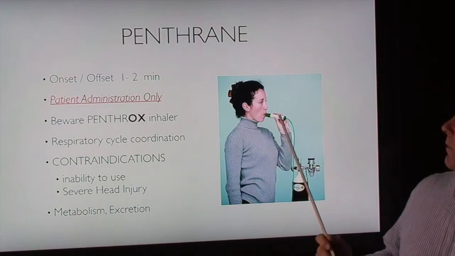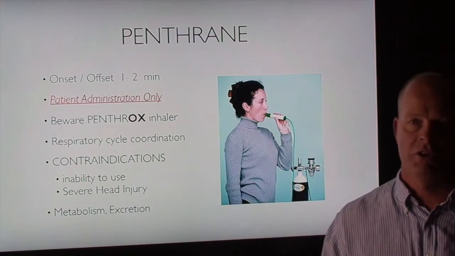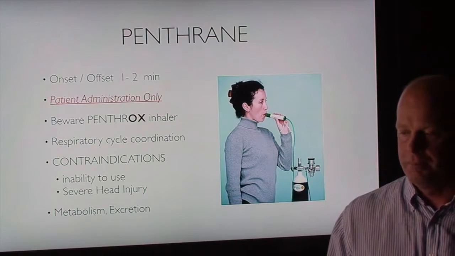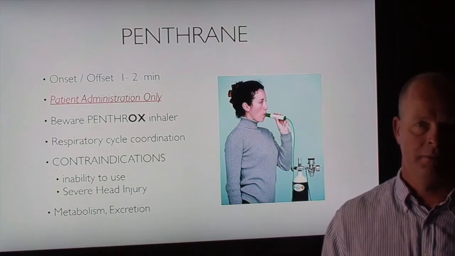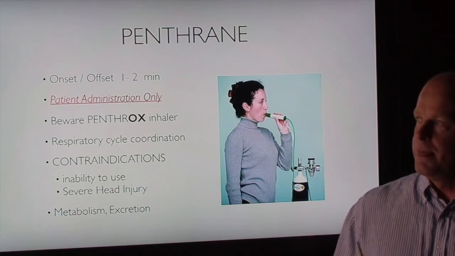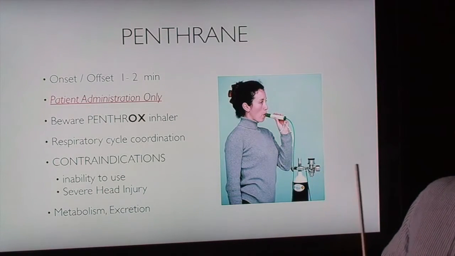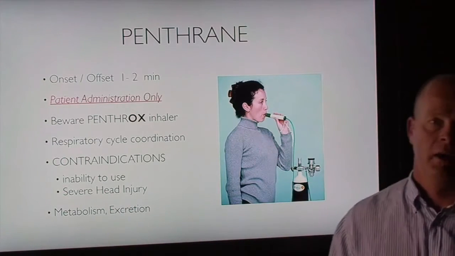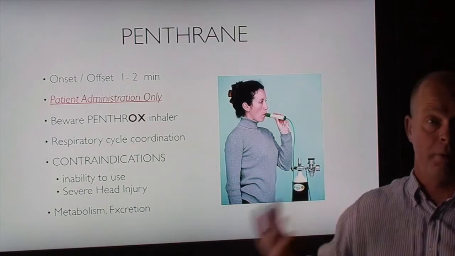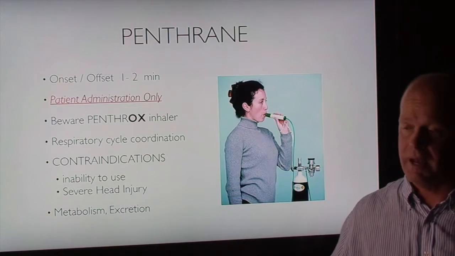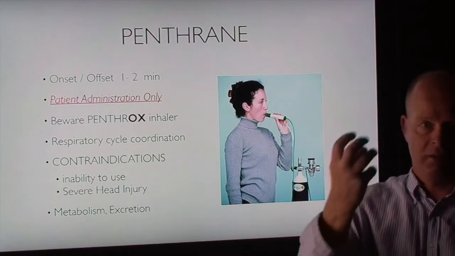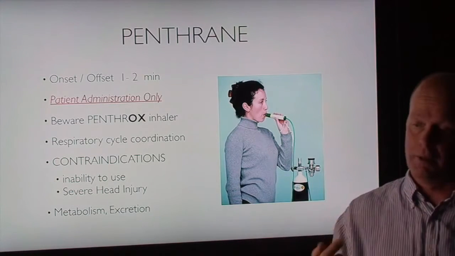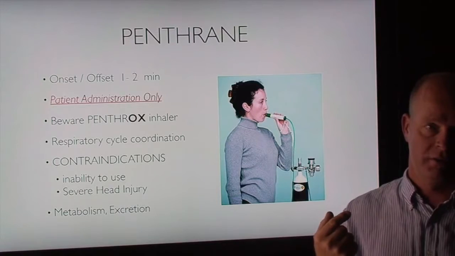First of all, the Penthrox inhaler was a development of the original Penthrane inhaler. The idea being with this that it could deliver oxygen at the same time as the patient was using Penthrane. The design fault there is that whilst delivering oxygen into the back end of the Penthrane inhaler, you're of course evaporating the agent before it gets to the patient, blowing it out both the vents in the back of the inhaler, blowing it out the vent in top of the inhaler, and blowing it into the patient at increased doses.